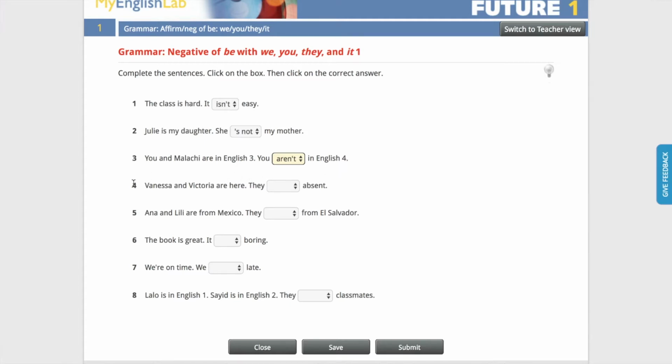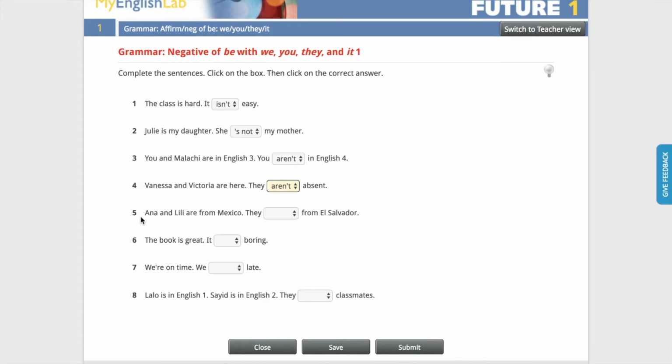Number 4, Vanessa and Victoria are here. Are they absent? No, they're not absent, so they aren't absent. Again, Vanessa and Victoria are here. Are they absent? No, they aren't absent. They are here.